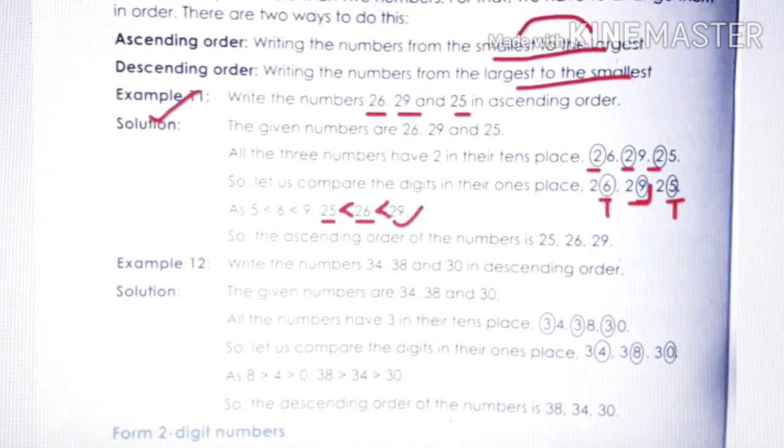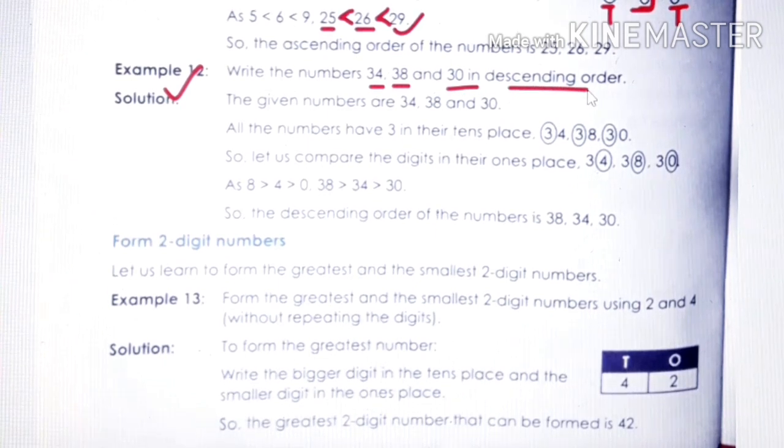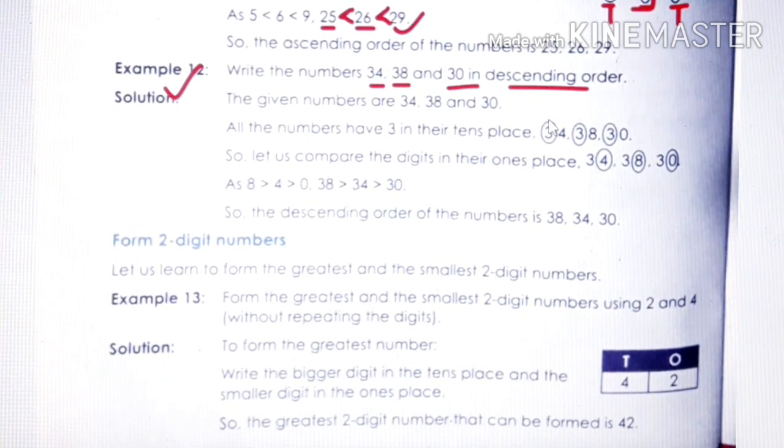Is it clear? Next, example 12, you see, arrange 34, 38 and 30 in descending order. Now descending is what? You are falling, that means largest to smallest. So how to compare, children? Which is the largest number? We have to compare the tens place first.